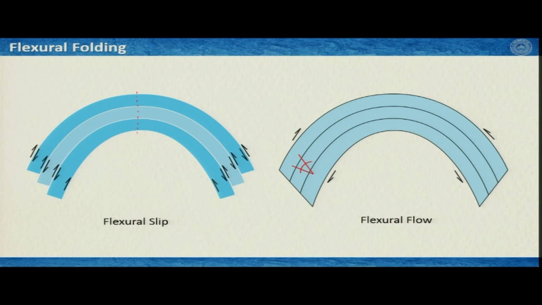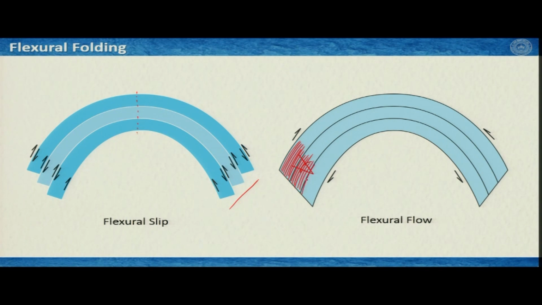The similar case happens in the flexural flow, that it also gets sheared, but not as grossly as for flexural slip. So, I have drawn the 3 lines here, but you can imagine there are a number of lines which are involved in flexural slip.